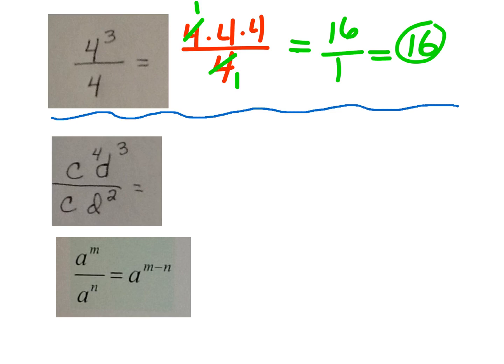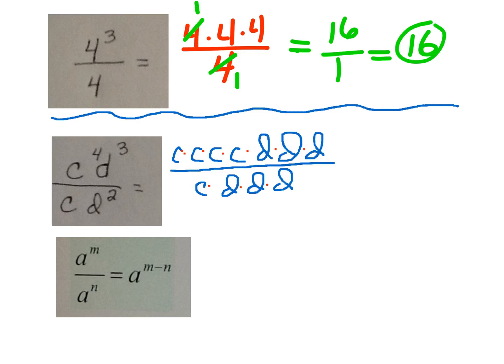Here's my next problem. Now we've got variables. C to the 4th power times D to the 3rd power all over C times D to the 2nd power. What does that look like? I have C times C times C times C times D times D times D all over C times D times D. Do you see anything that's in common? Well, these C's are in common. They cancel each other out.